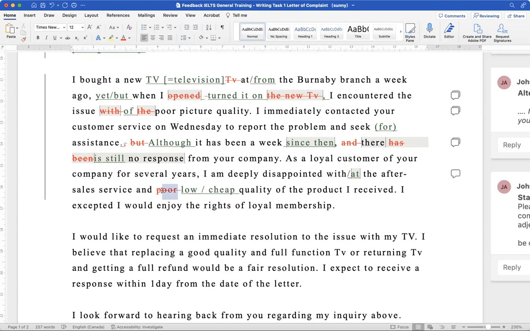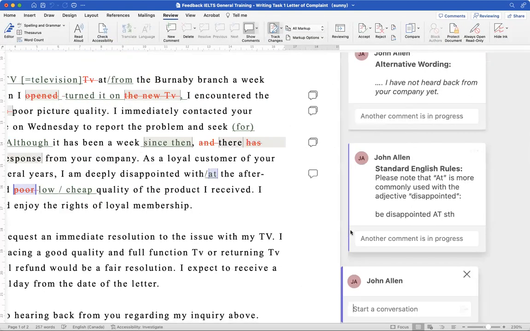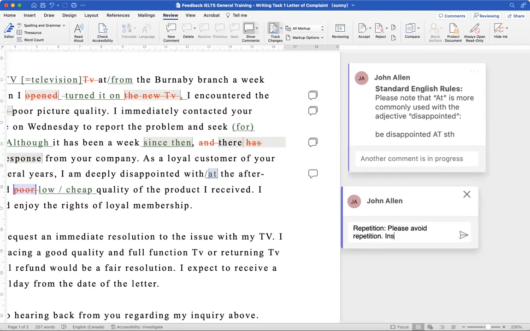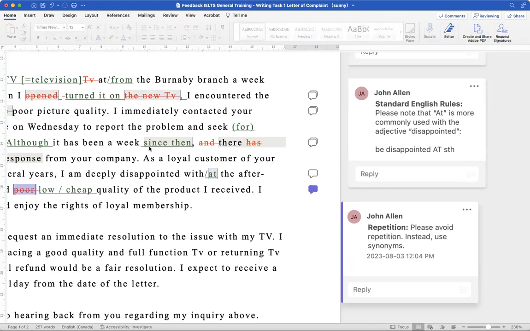So avoid repetition. Instead, use synonyms. Synonyms are words with similar meanings.